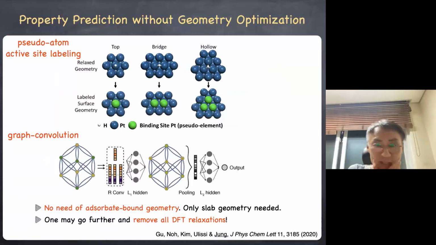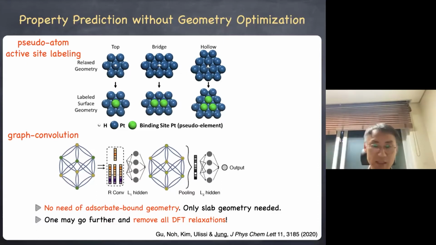To that end, we removed the adsorbates on top of the surfaces and labeled the active site atoms as a pseudoatom, a fake atom. Instead of encoding the adsorbate-bound structures, which need to be optimized, we just encode these slab geometries with the active sites labeled as different fake atoms.